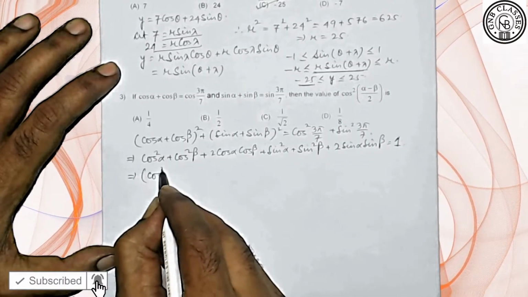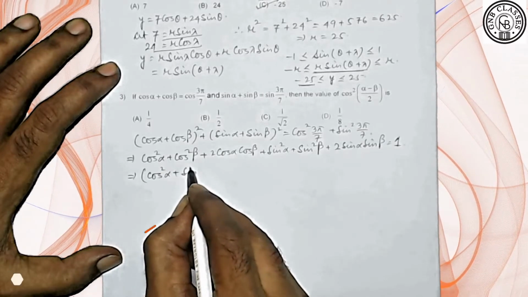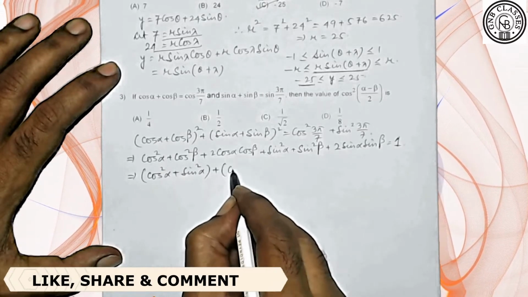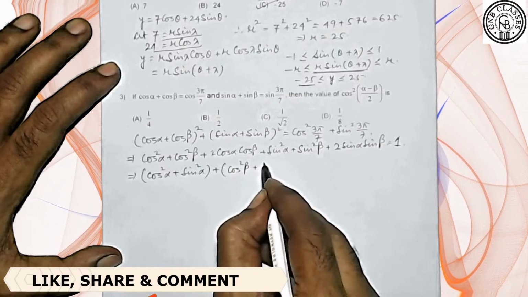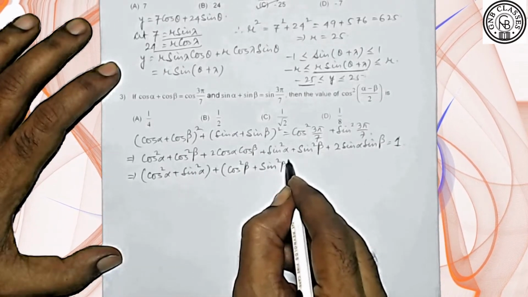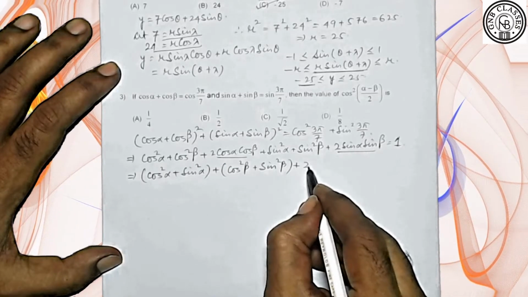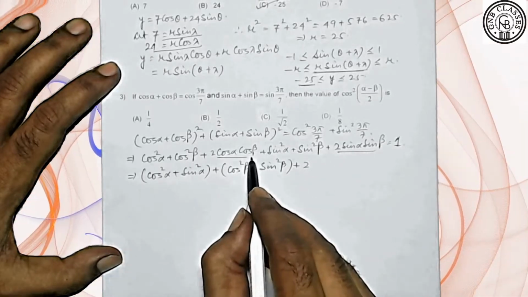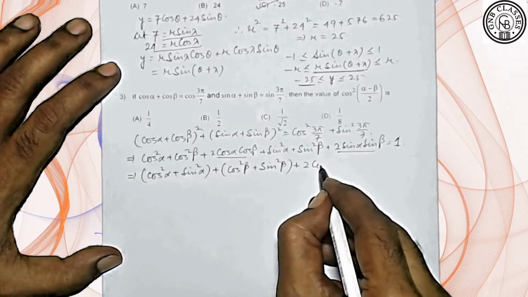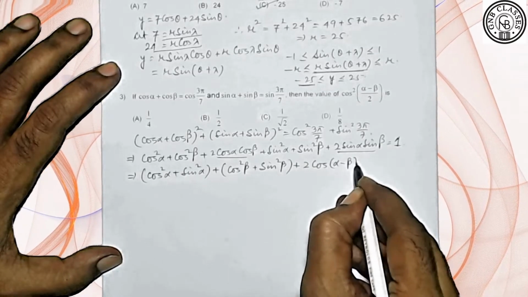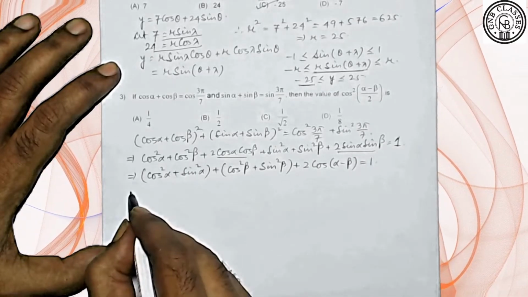Now, if I just combine cos square alpha and sin square alpha in one bracket, cos square beta and sin square beta in another bracket, and if we take common 2 from these two expressions, so we are left with cos alpha cos beta plus sin alpha sin beta, that gives us cos alpha minus beta, which is equals to 1.